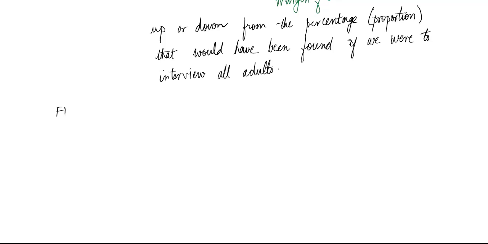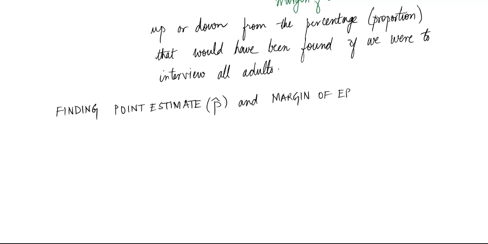So I'll just say finding point estimate. Point estimate is P hat, right? And margin of error from confidence interval.